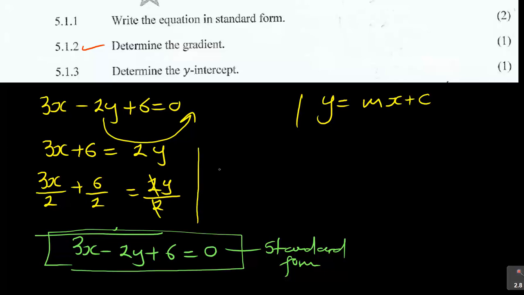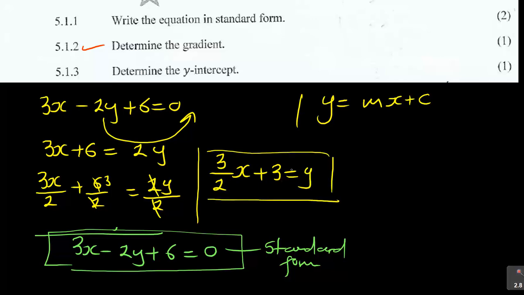So I have 3 over 2 x plus 3 is equal to y. If I interchange this, it is now in that format: y is equal to 3 over 2 x plus 3. See how it is matching now.